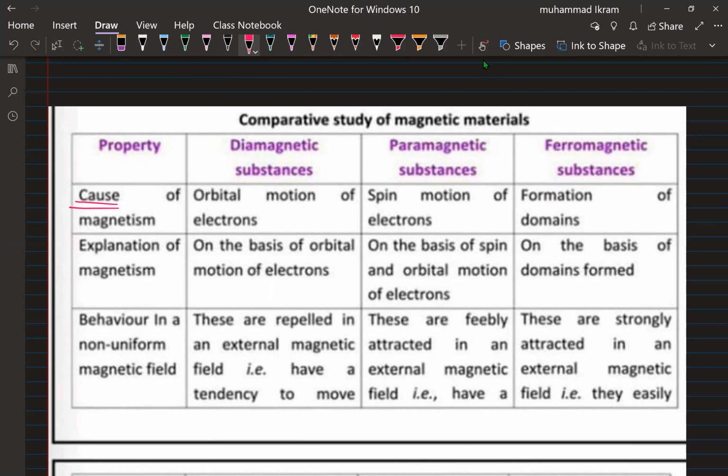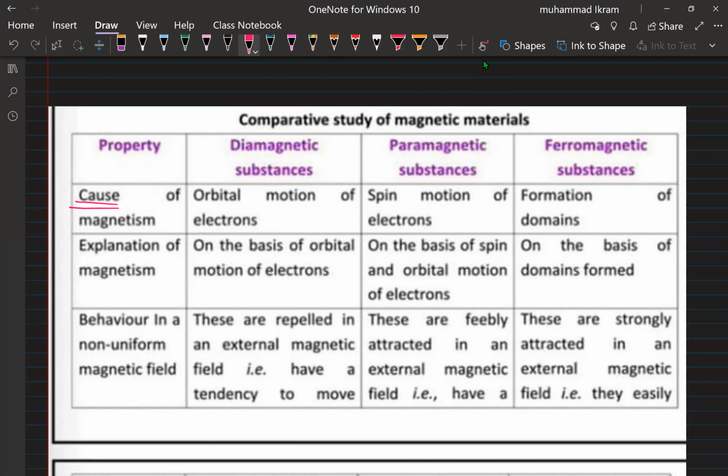Diamagnetic substances are those kinds of substances which do not exhibit any magnetic property, because the orbital magnetic fields are oriented in such a way that the resultant magnetic field due to orbital motion is zero, and this is why they do not respond or show any magnetism even in the presence of a strong magnetic field.